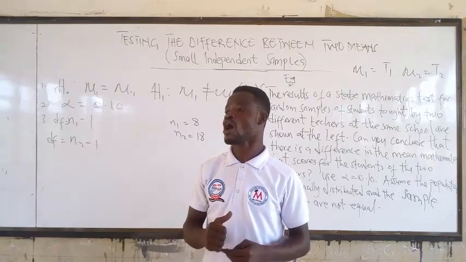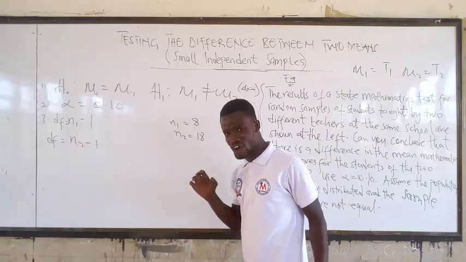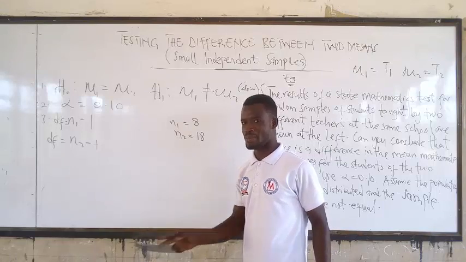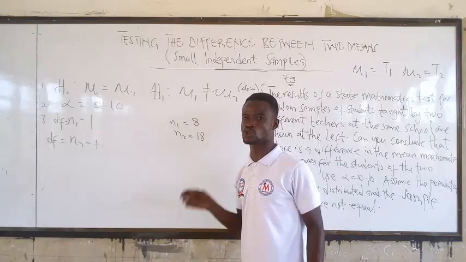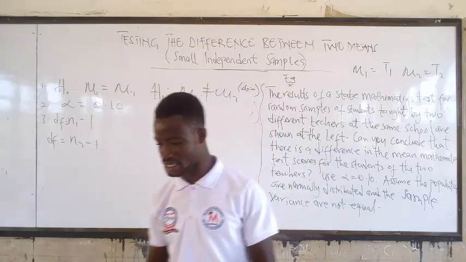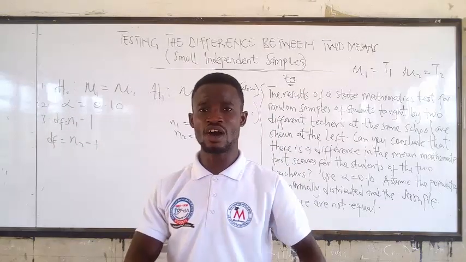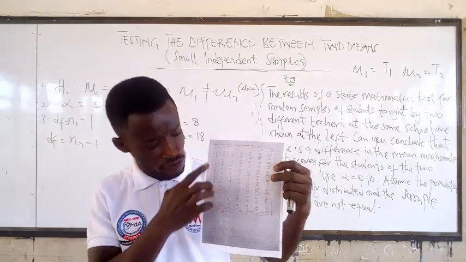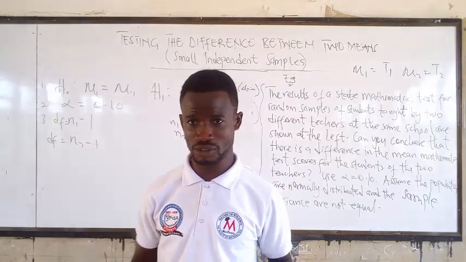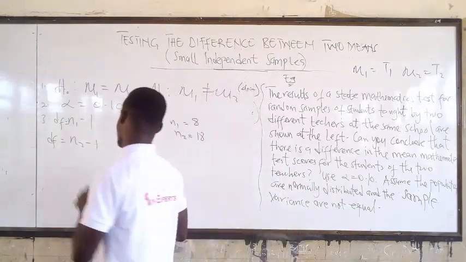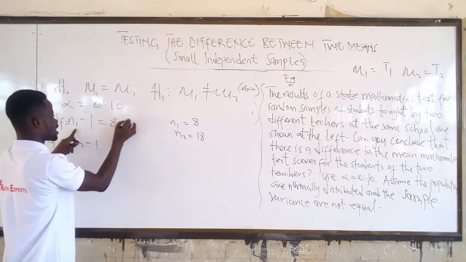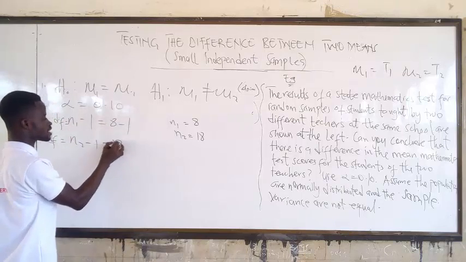Is that also? Alright. But the degree of freedom that we are going to get, we are going to get 2 degrees of freedom. But it doesn't mean that we use the 2 degrees of freedom in the readings, because the reading of this table shows only 1 degree of what? Freedom. So let's see what we are going to do. You will love it. Alright, so now n1 is 8 minus 1, n2 is 18 minus 1.